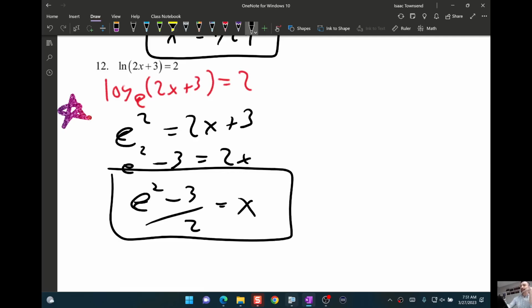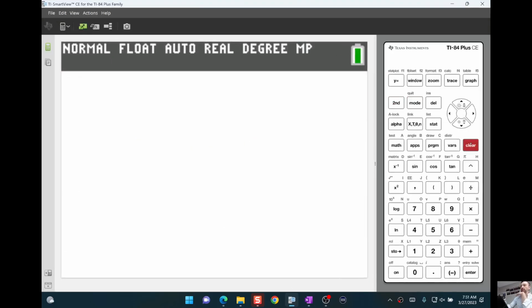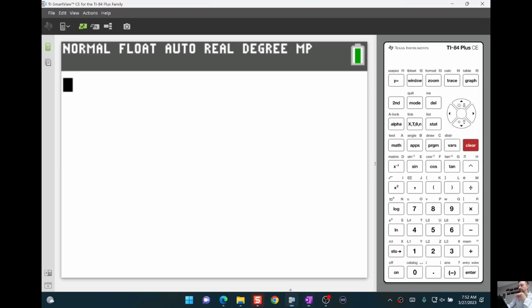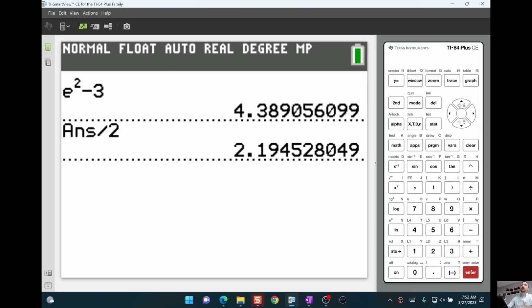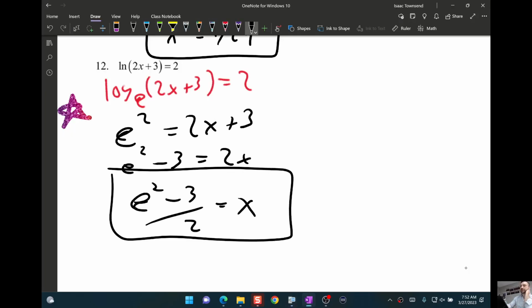So, our quiz and I believe our test will also be no calculator, so you can't rely on this on the test. But if you get an answer, and especially if it's something that looks a little bit unusual, like e squared minus 3 over 2, especially in your practice, you should probably store that in for a variable and then make sure that it makes the original equation true.